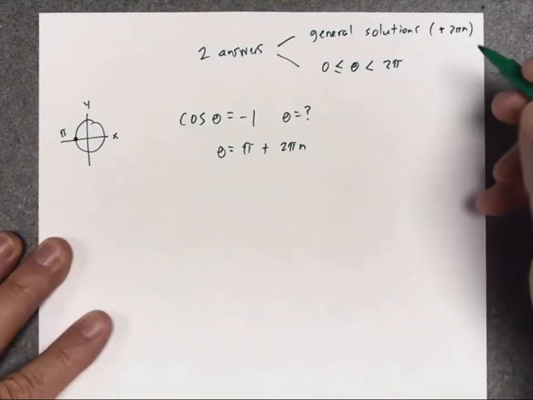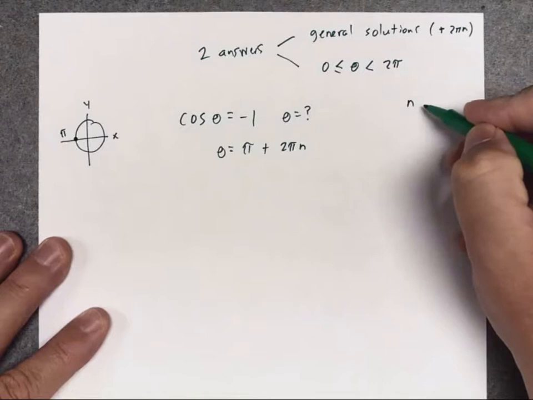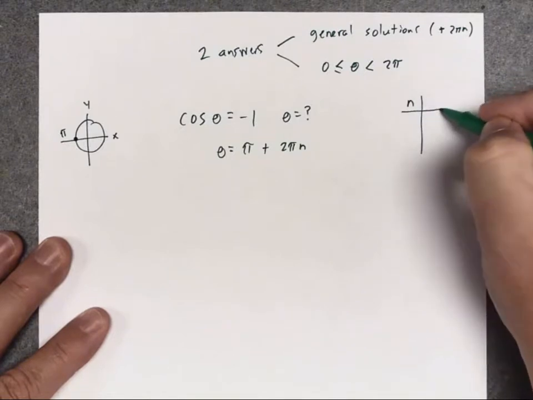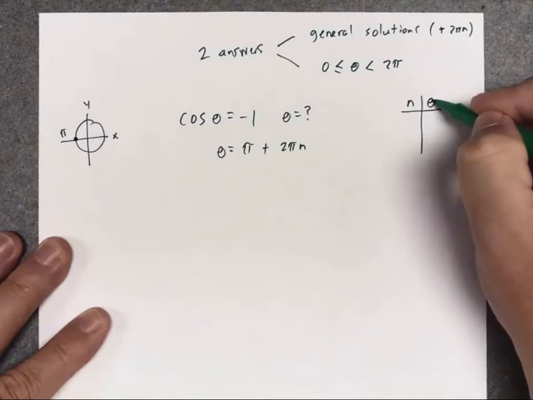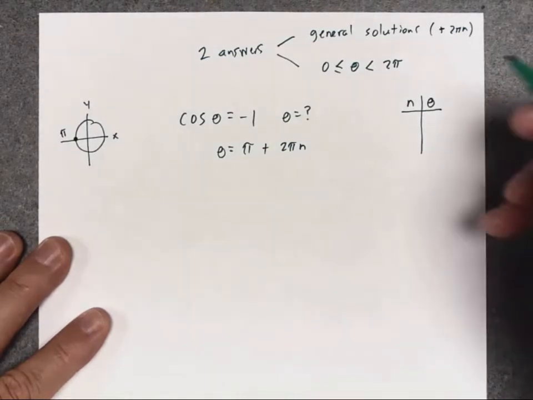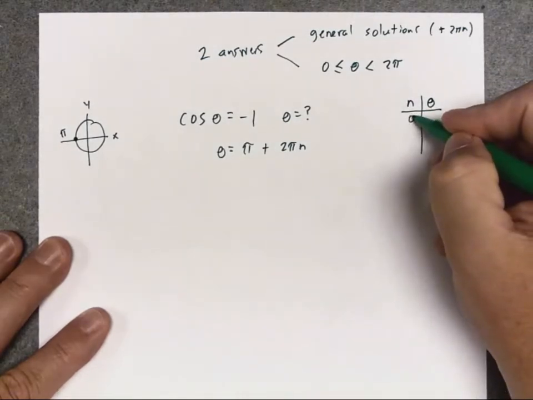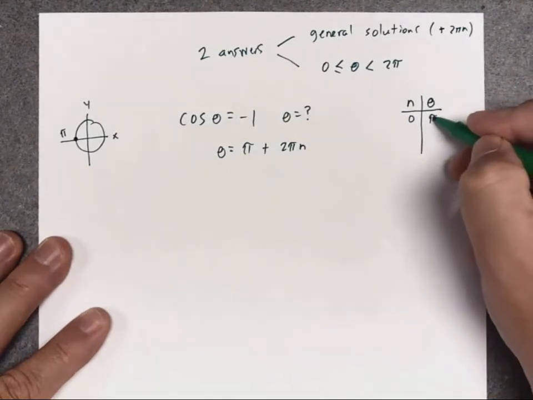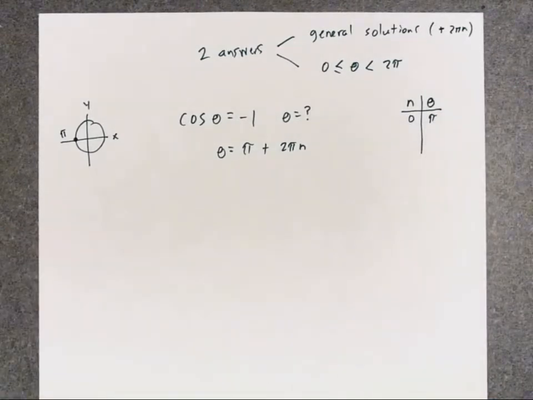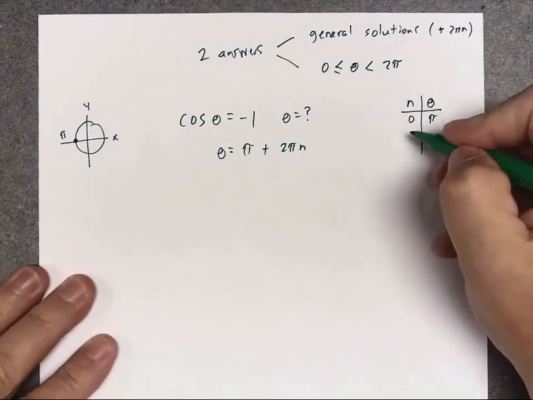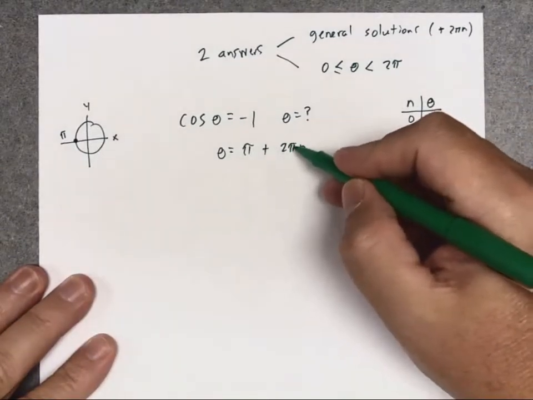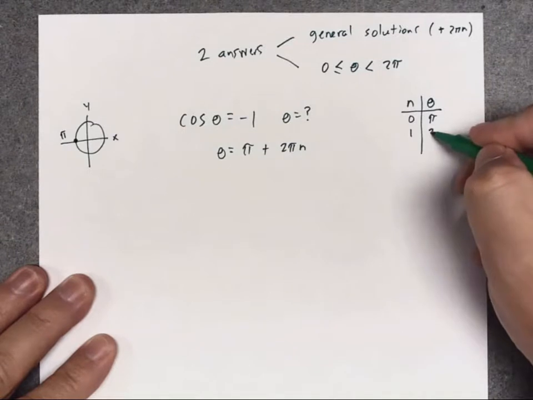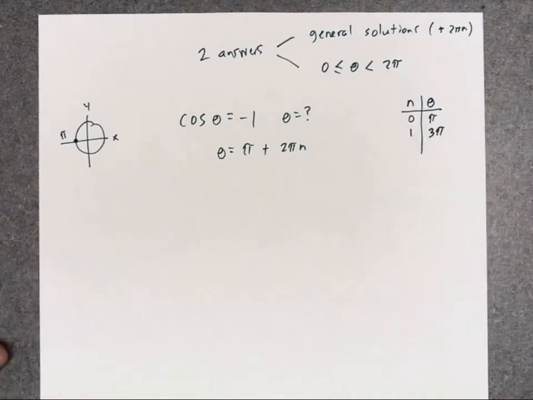If I were to make a chart where I set a value of n and then figure out what my theta is, you always start with n equals 0. So if n equals 0, my theta is pi. That's my solution on my first trip around the unit circle. Now if I said n equal to 1, I have 2 pi plus pi. My angle is 3 pi.